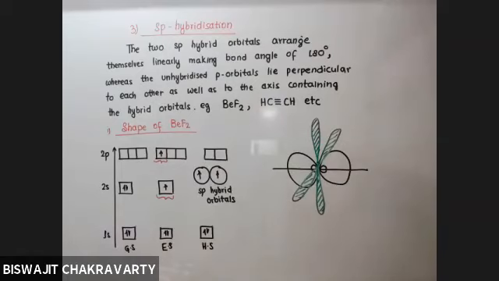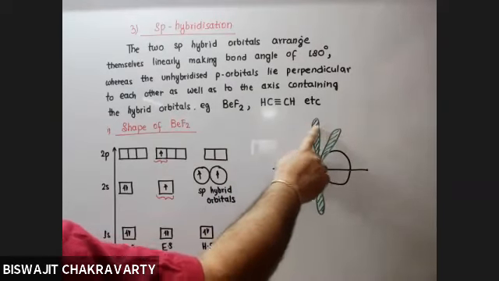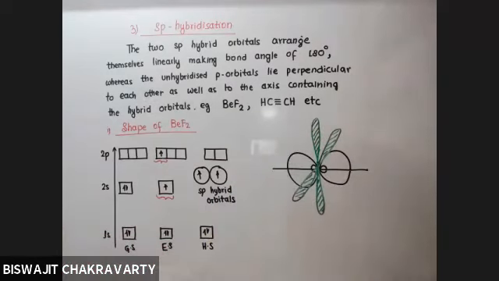Yes, anyone who can help me out? Why have we shaded off these two unhybridized p orbitals of beryllium? Because they have no unpaired electrons at all. Yes. They have no electrons at all.